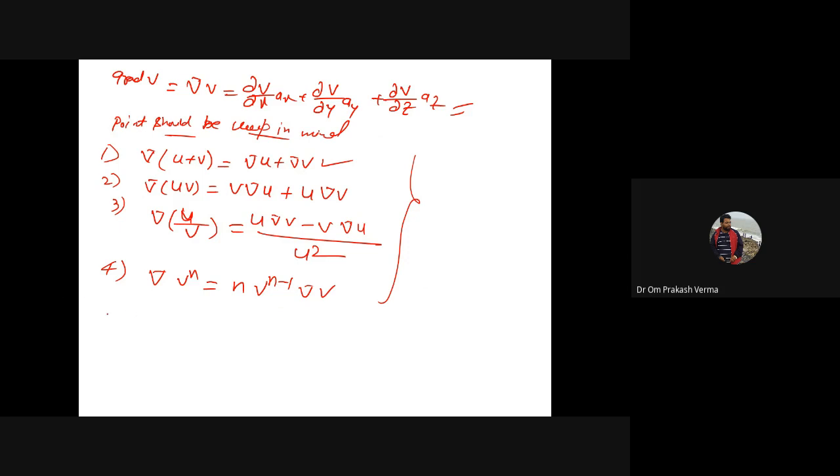And other fundamentals, that is the note, and this note is very important.